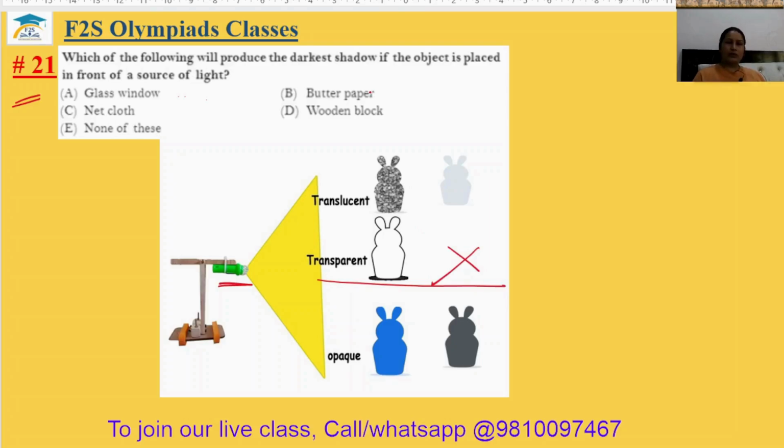Butter paper. Butter paper is a translucent object, so the shadow is not darker. Net cloth. Net cloth is also translucent, so its shadow will be like this only. Block, the wooden block is the opaque one. So that's why its shadow will be darker. That's why option D is the correct answer. 21 answer is option D.